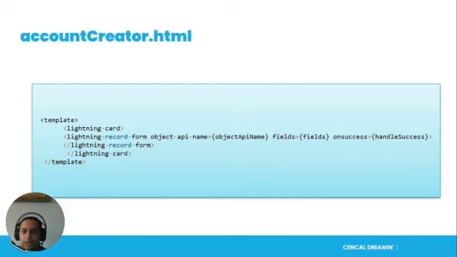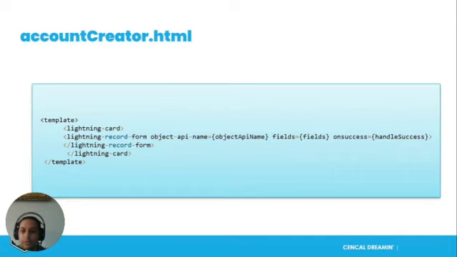After that, by using lightning-record-form in the markup, we get all of the security and performance benefits that Lightning Data Services provides. And when lightning-record-form doesn't specify a record ID, it operates in edit mode and creates a record on submit.